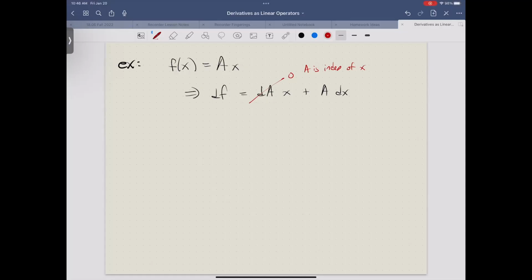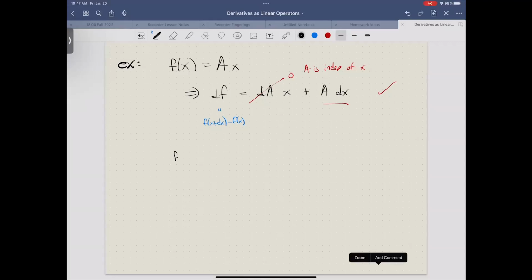Here, f is a function whose input in this case is x, so df really means f of x plus dx minus f of x. So since A doesn't change with x, that's 0. So then I'm done. I get the same term I got before.